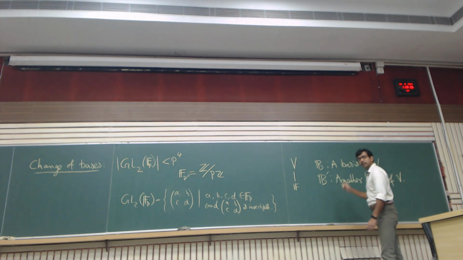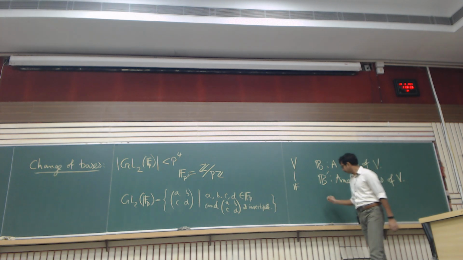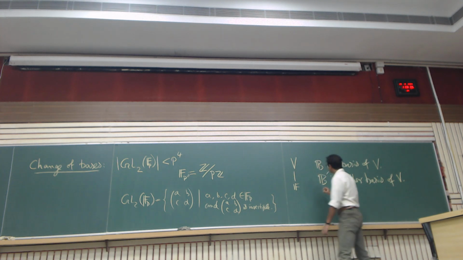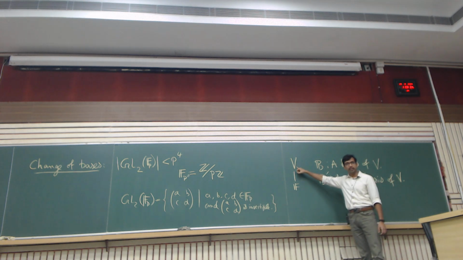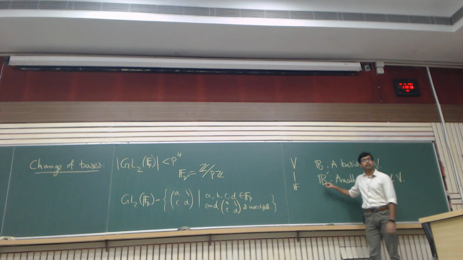Now, the elements of basis B are elements of V, right? Elements of B prime are also elements of V. So you can express one in terms of the other.